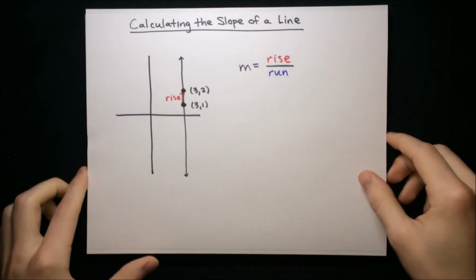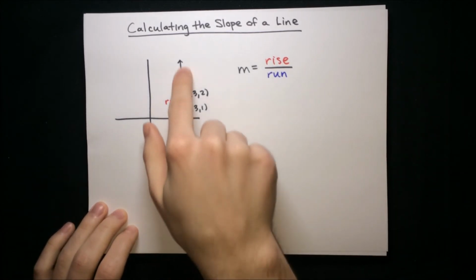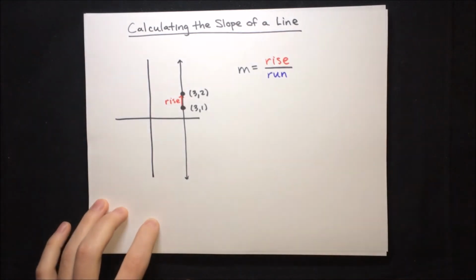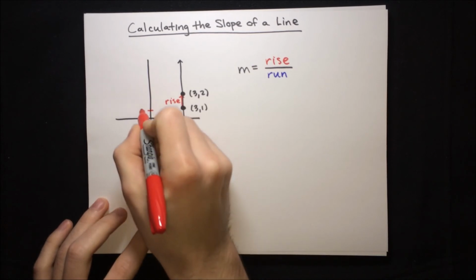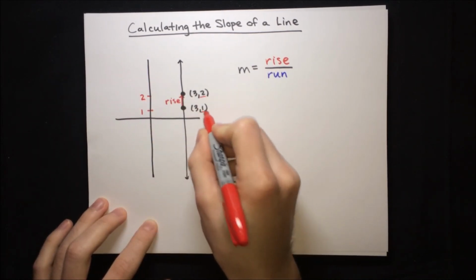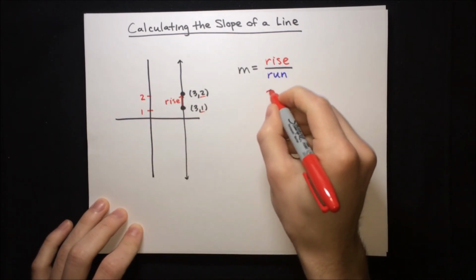Our last example is kind of similar, except instead of being horizontal, the line is vertical this time. So let's go ahead and compute the slope. To find the rise, we just look at the y-coordinates, 1 and 2. And to find the rise, we take the difference, 2 minus 1.